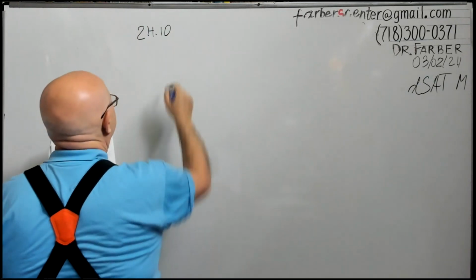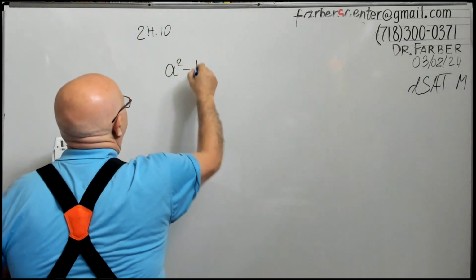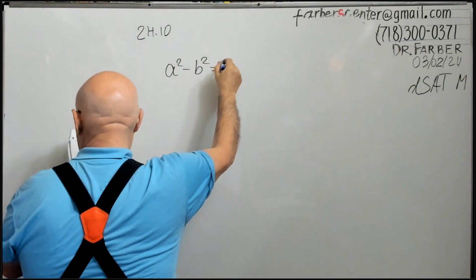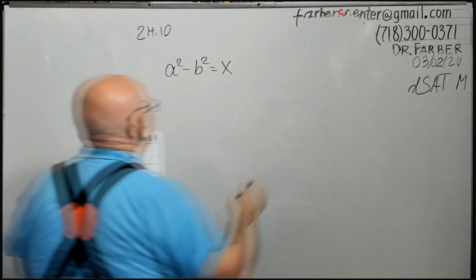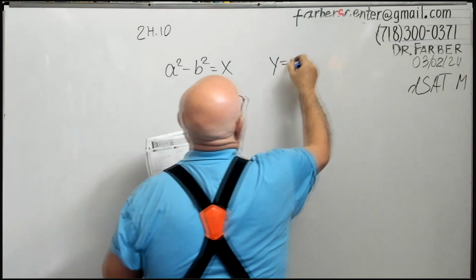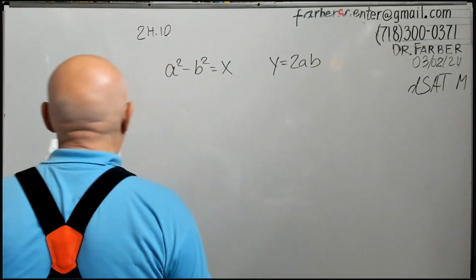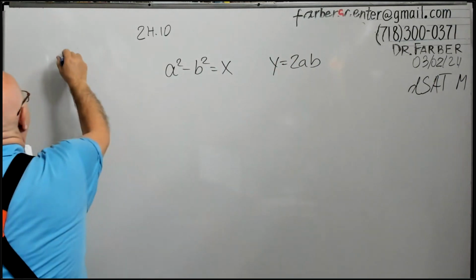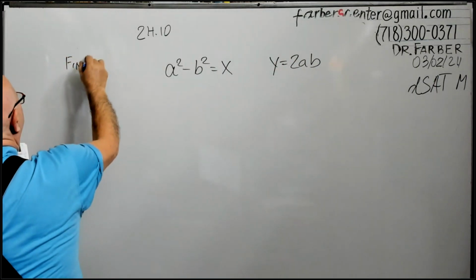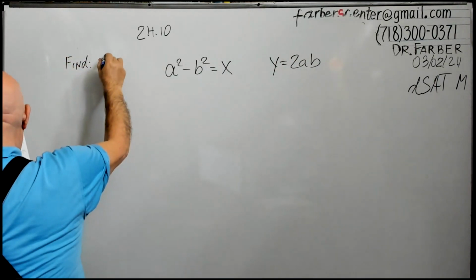You have a squared minus b squared equals x, and y equals 2ab. Find a squared.